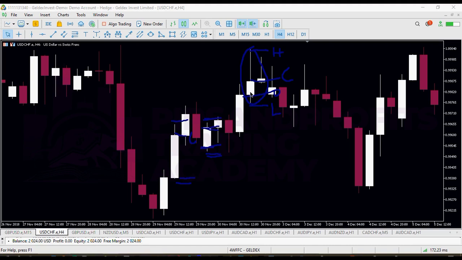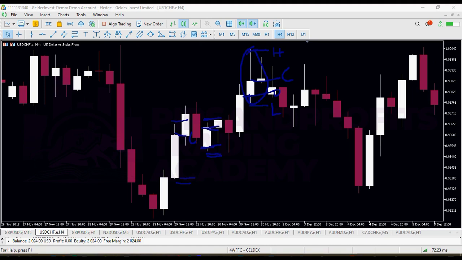What it is saying is that when the market opened, there was some form of selling pressure. So the bears pushed the market down, but they were not strong enough, and the bulls took over. When the bulls took over, they were able to push price higher.